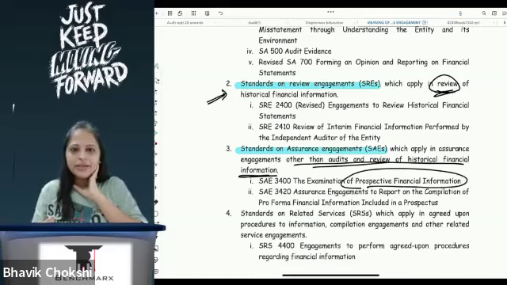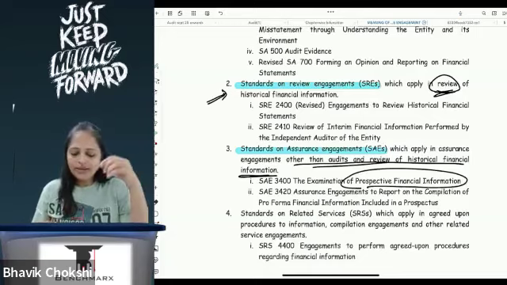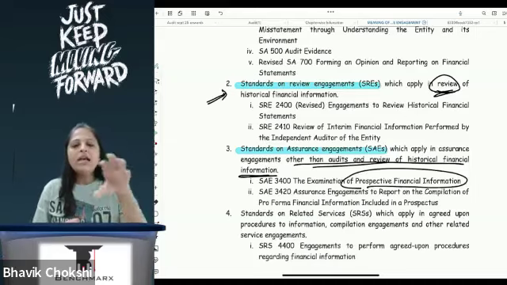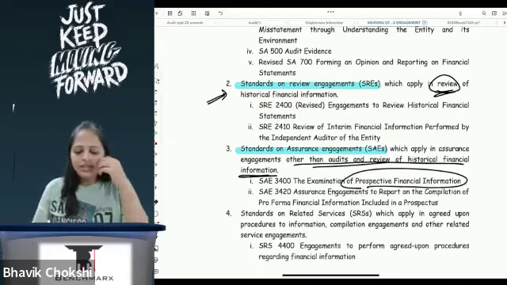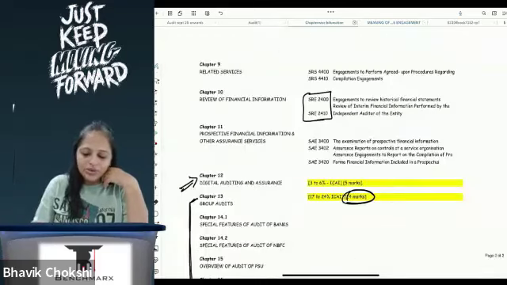We know what prospective financial information is: basically a forecast of what I'm expecting the future to look like. So in that, how will the assurance work? I'm giving a forecast, a CA is giving a certificate. How does the assurance that I'm giving work? There is a standard on that. These are called SAEs, and we have SAEs here, which is based on your chapter 11.